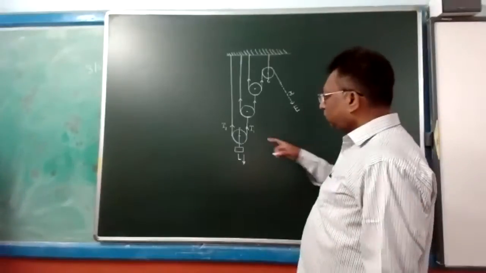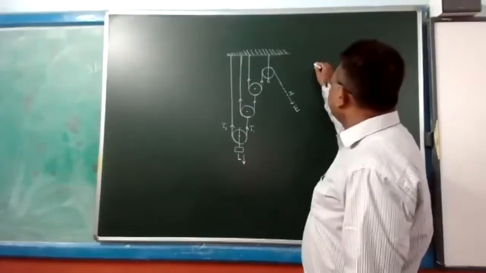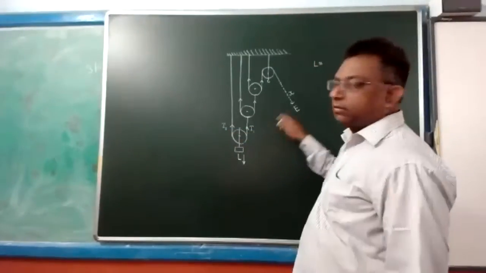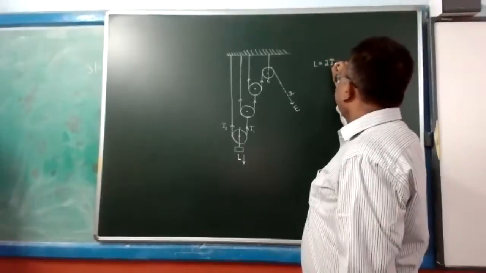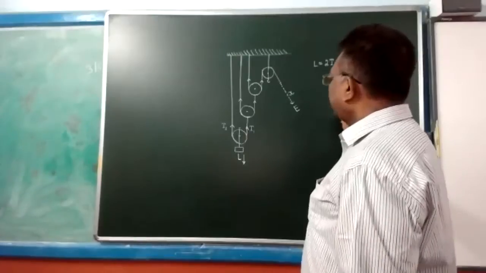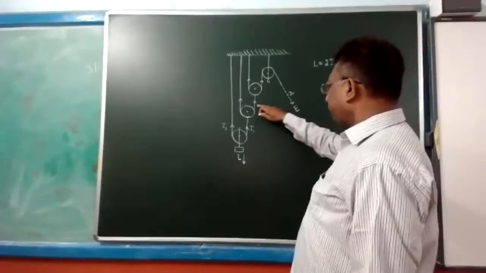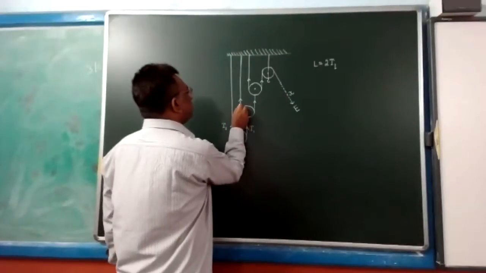Yes. So at this position, we can write the equation of motion. L equal to T1 plus T1, so we can write 2T1. Here, and here, what can we write? Say it is T2.